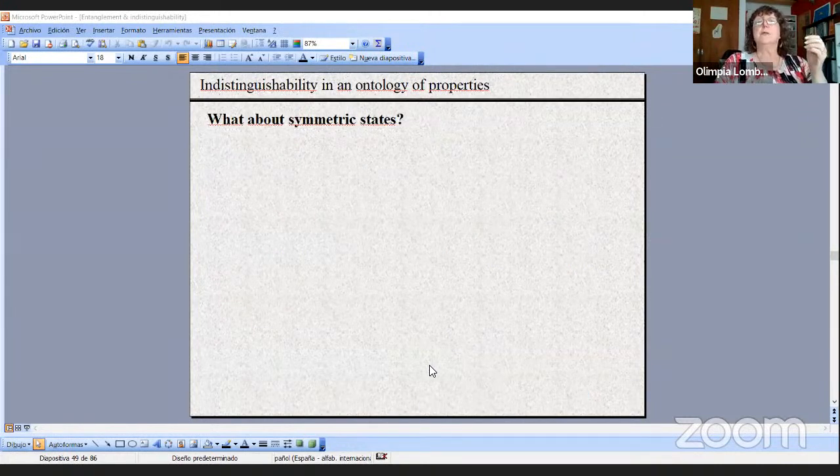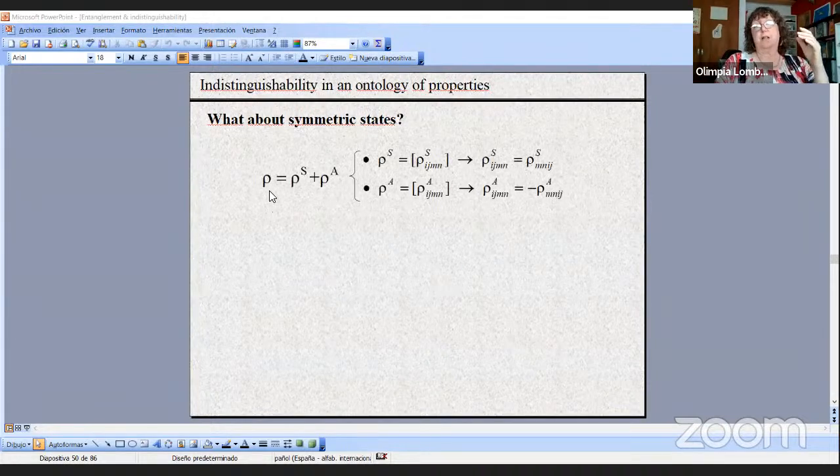What about symmetric states? Let us consider states, density operators. Any operator can be written as a sum of a symmetric part and an antisymmetric part.